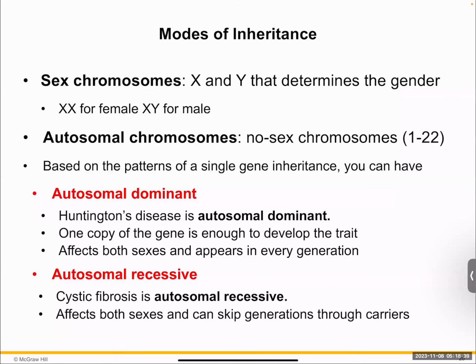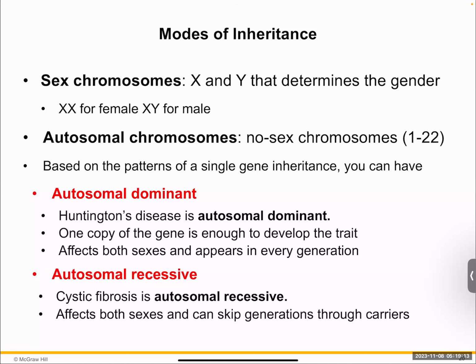Now, we have talked about the concept of sex chromosomes versus the autosomal chromosomes in detail in our previous lectures. We know that the sex chromosomes are identified as X and Y. Women or females have a genotype XX, which means both parents contribute a copy of the X to create a female offspring.